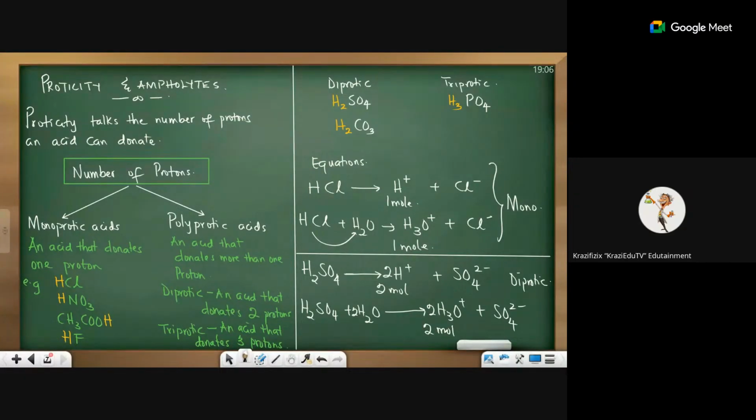Let me see. Yeah, let's see if we can get to do ampholytes. We can get to do strong acid and weak. And then we continue from there in our next session. But let's build a foundation. Okay, can we move now? Anybody still writing?